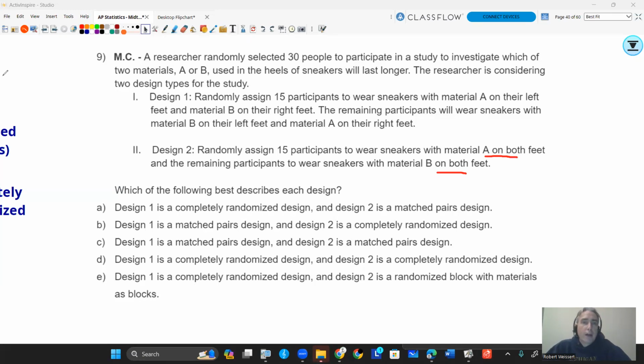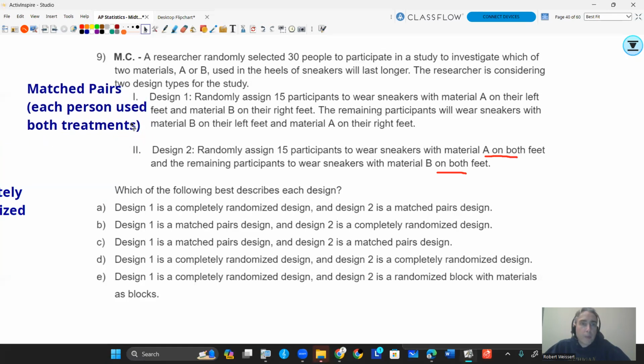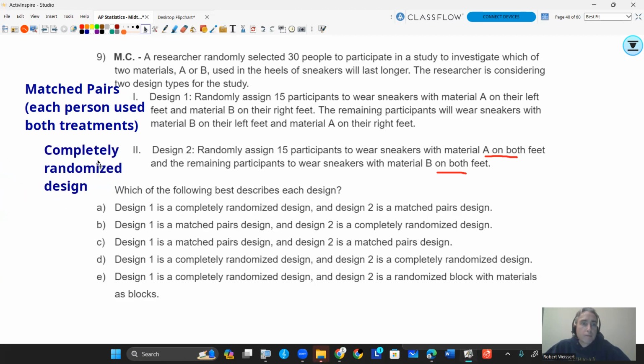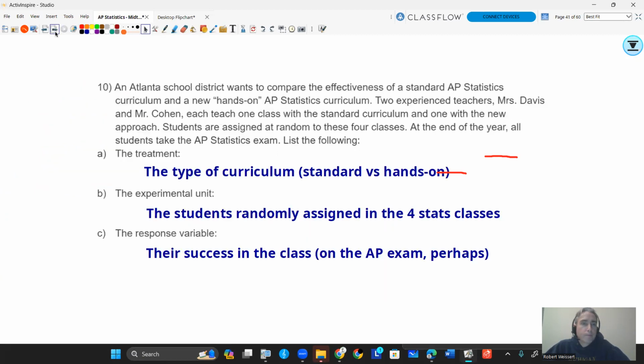So if you haven't identified them yet, that first one would be considered a matched pairs. Each person used both treatments. And that second one is what we just call a good old-fashioned, completely randomized design. So which one is that going to be?